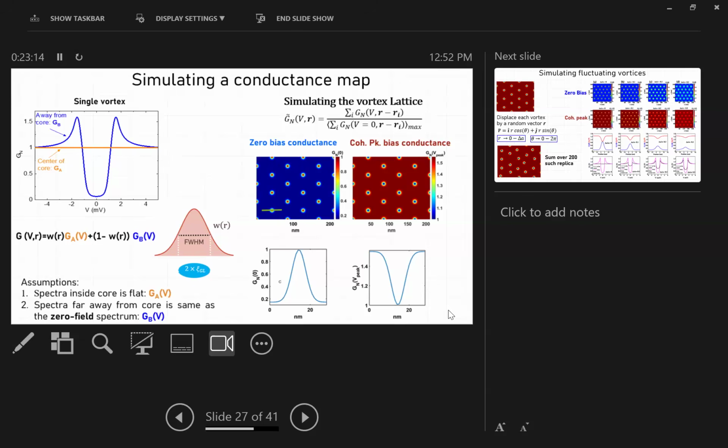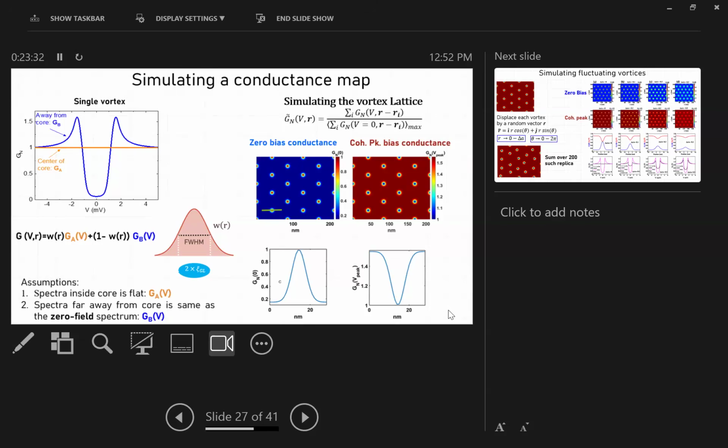And we interpolate this with a Gaussian in position that has a full width at half maximum of twice the coherence length.